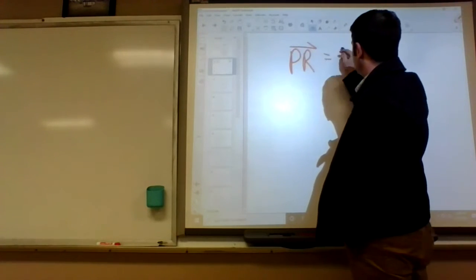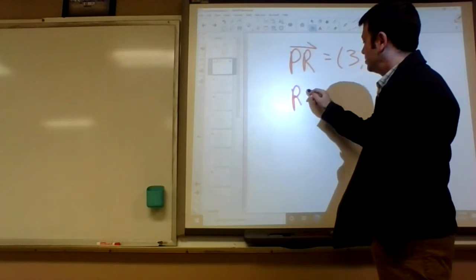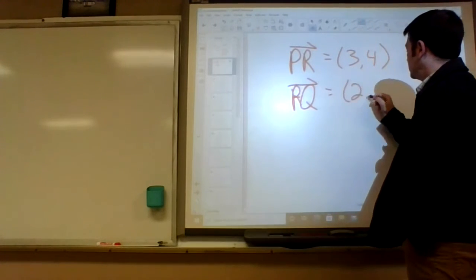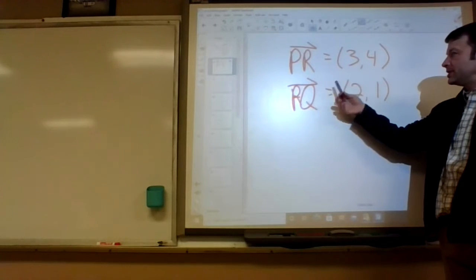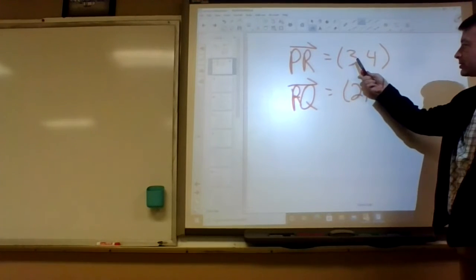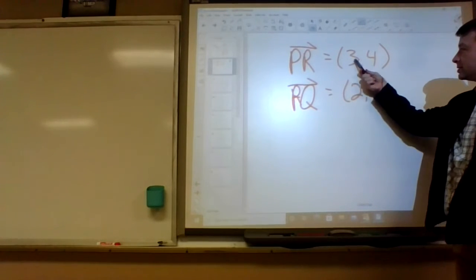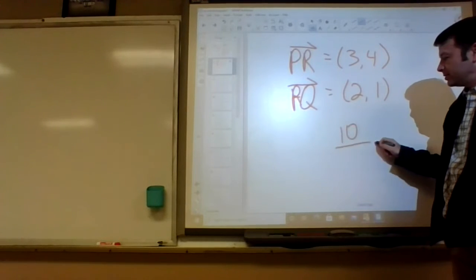And then PQ is 2, 1. And so this is like vector U, vector V, doesn't really matter. But so the dot product would be 3 times 2 plus 4 times 1. So 6 plus 4 is 10 on top.